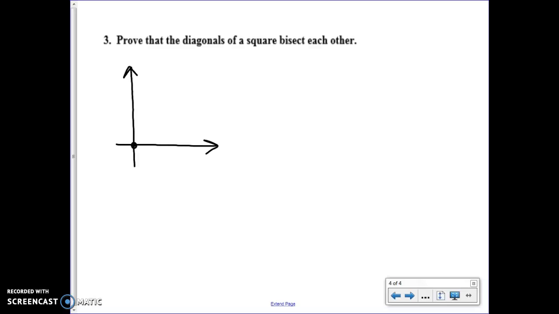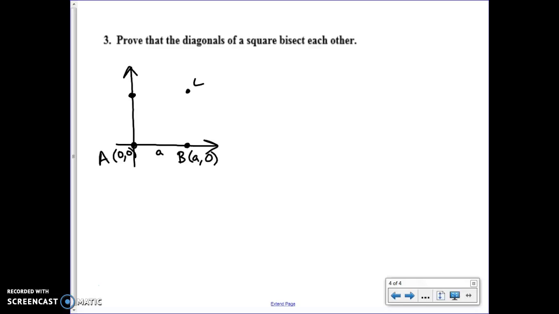I think it's easiest if I start at 0, 0, because then I know where that point is. That does have a numerical value. Now if I say that this has a length of A, then I have gone to the right a distance of A, and I haven't moved up or down. I'm going to call that point B. I'm going to skip over point C for a second.